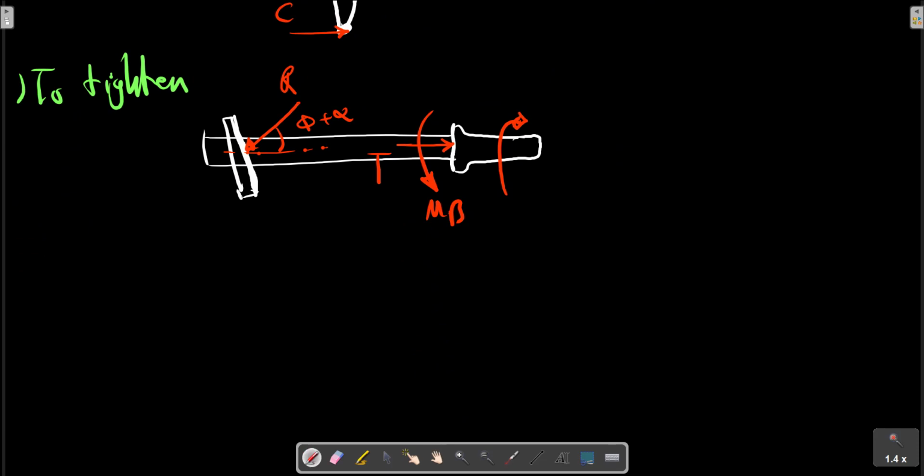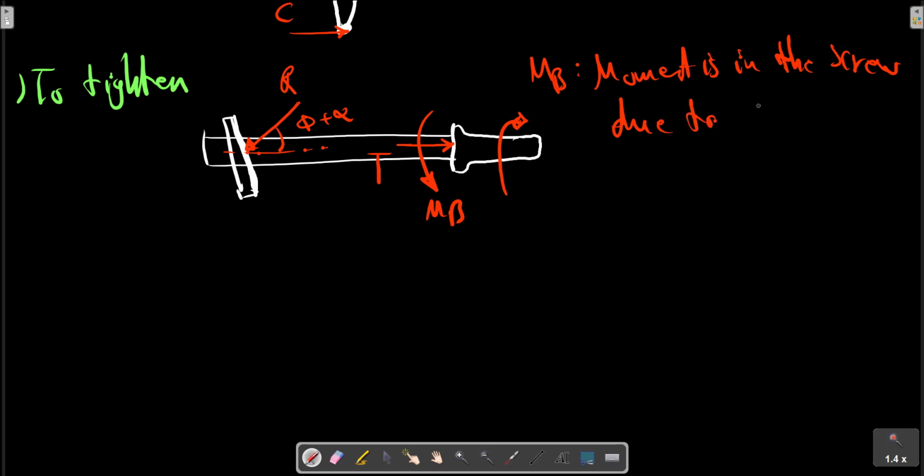MB is the moment in the screw due to the frictional effect, and we have applied M here.